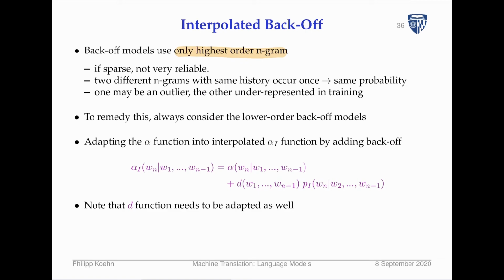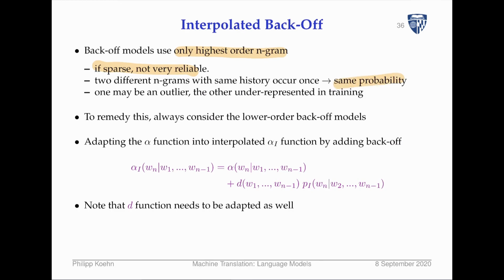The problem with back-off is we stop if the n-gram occurs more than 0 times. But if it only occurs once, that's not a super reliable statistic. So if it's sparse, it's not very reliable. Two n-grams with the same history occurring once get the same probability.